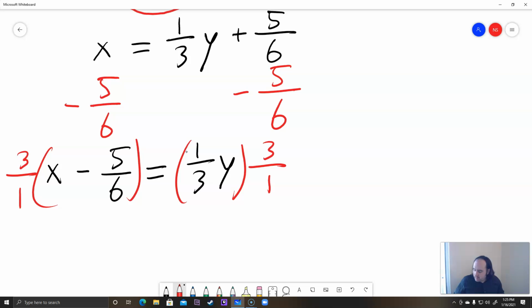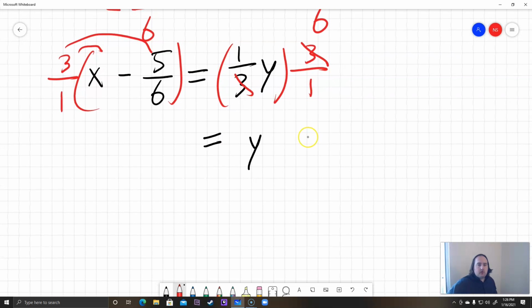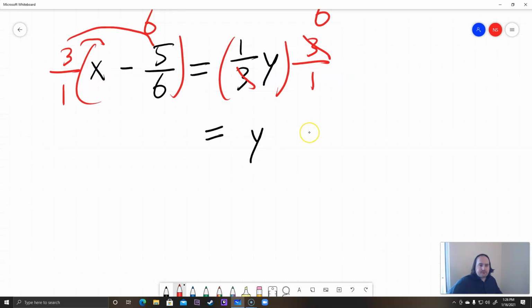On the right side, the 3's cancel and we just get y. On the left side, when we distribute the 3 to each term, we get 3x for the first term, because 3 over 1 is just the same as 3.